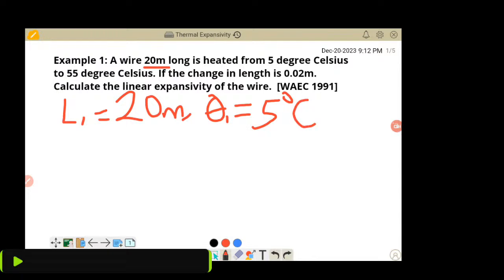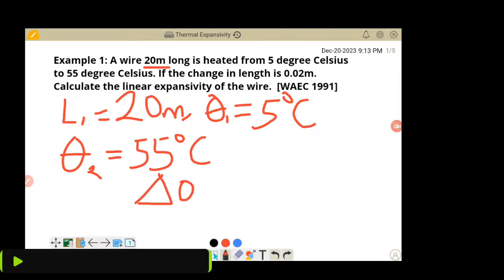to the final temperature, which is 55 degrees Celsius. You will agree with me that the change in temperature will be 55 minus 5, and that is 50 degrees Celsius.